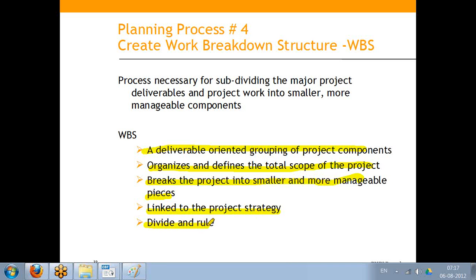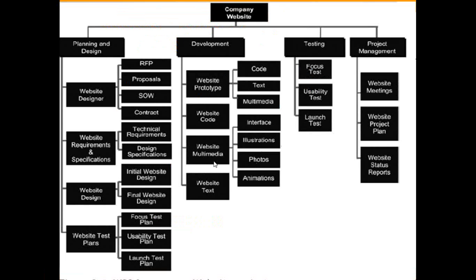When we say linked to the project strategy, it means while doing the WBS, sometimes you decide on what all things you should be doing, what all things should be subcontracted. Now once you do this, then you can decide where you have expertise and where you don't have expertise. Those things where you don't have expertise, you can outsource. Things where you have expertise, you can do it yourself.